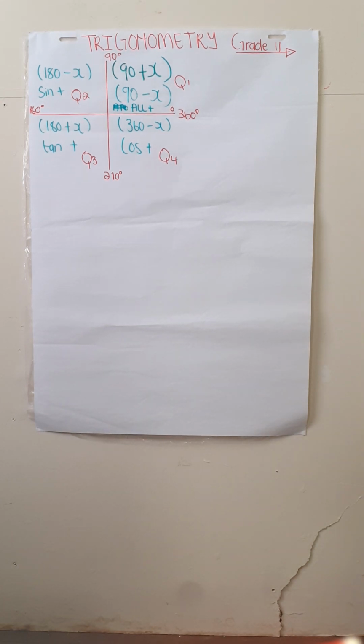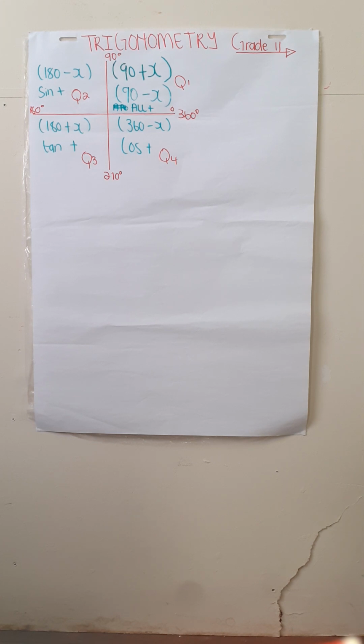Now, in the first quadrant, where I have written Q1, the sine, the cos, and the tan are all positive. So when you see sine(90 plus x), you know that in that quadrant sine is positive. When you see tan(90 plus x), then you know that in that quadrant tan is negative.